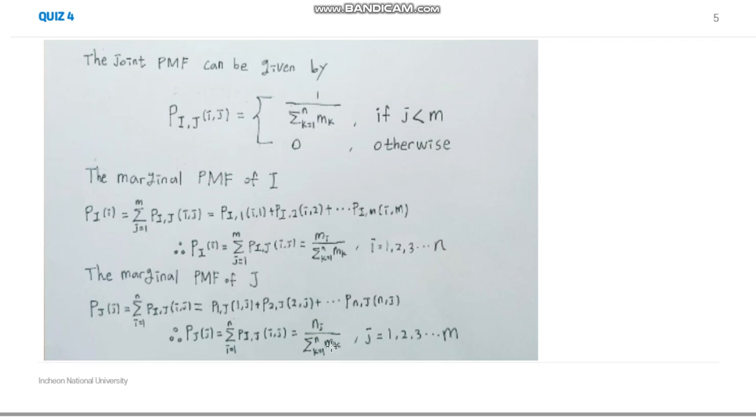So this is the marginal PMF of J, where small j is 1 to m.